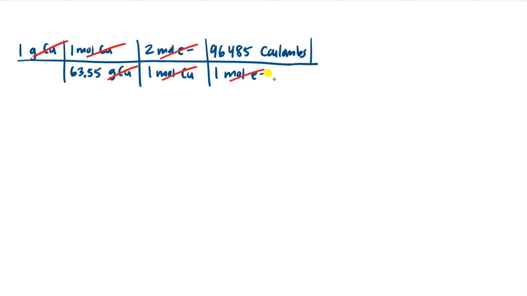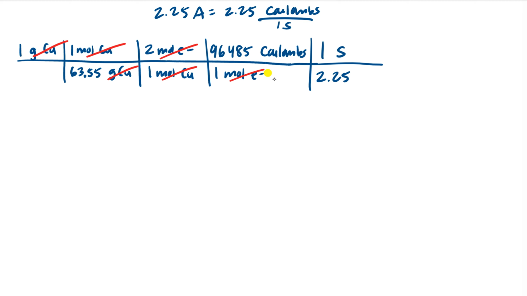And we know that the current was 2.25 amps, and really just saying 2.25 A is really saying 2.25 coulombs over 1 second. That's what it's saying. And so I'm going to use that in dimensional analysis. So 1 second is equal to 2.25 coulombs, so that coulombs cancel out.